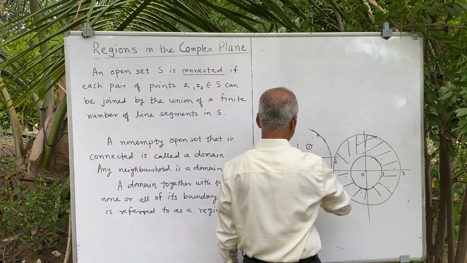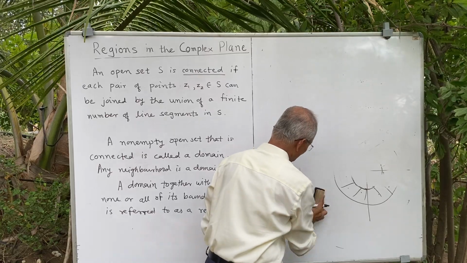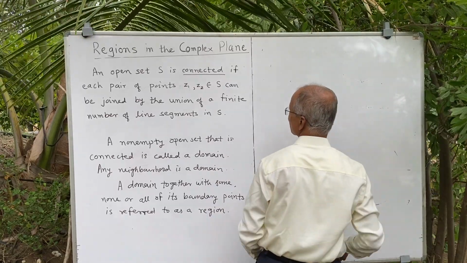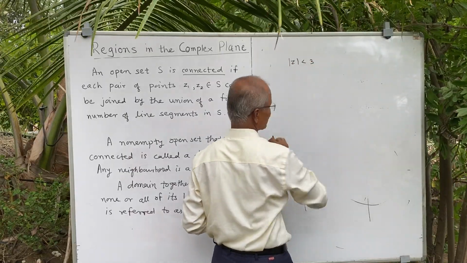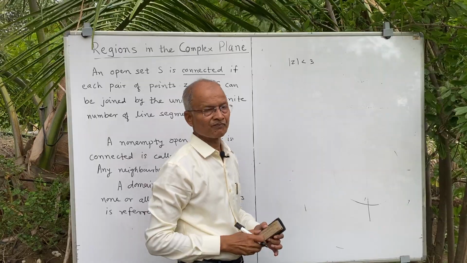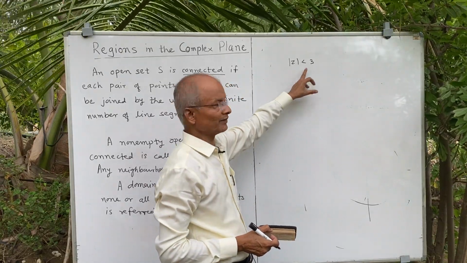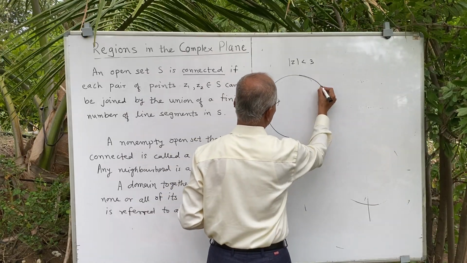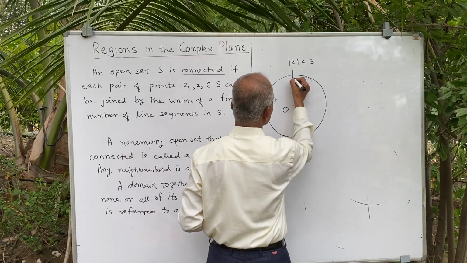For example, consider the open set mod Z less than 3. This is an open set, as we have seen earlier. The condition here must be strictly less than 3, and that is a disk whose center is the origin and radius is 3.